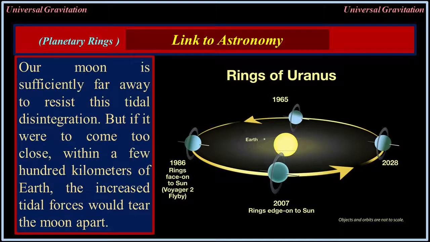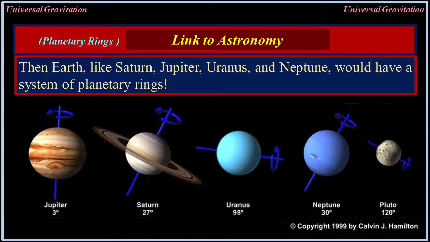Our moon is sufficiently far away to resist this tidal disintegration, but if it were to come too close, within a few hundred kilometers of Earth, the increased tidal forces would tear the moon apart. Then Earth, like Saturn, Jupiter, Uranus, and Neptune, would have a system of planetary rings.